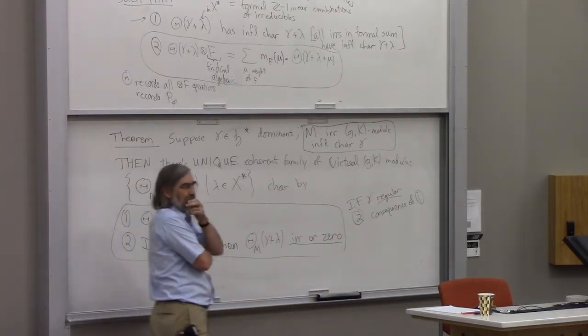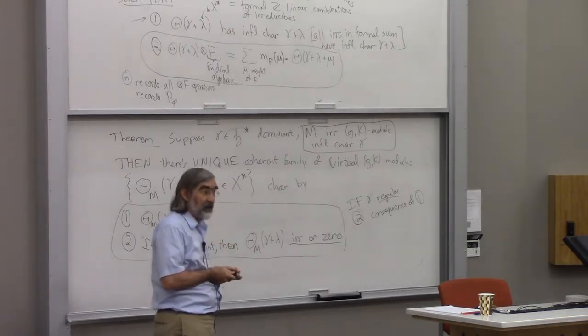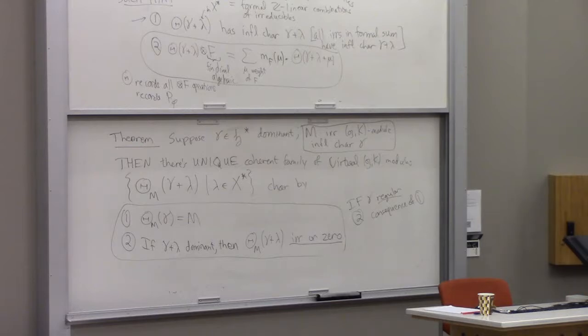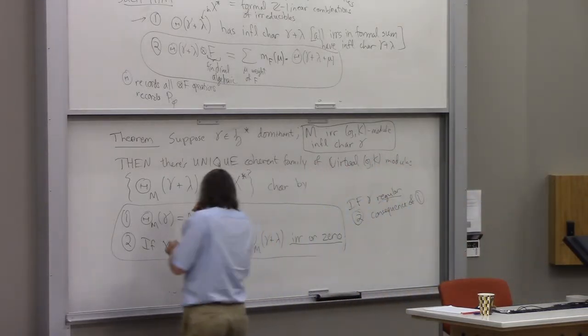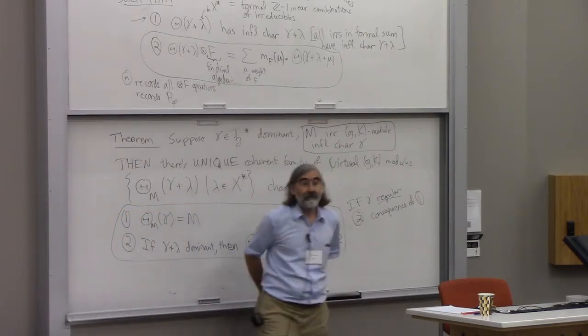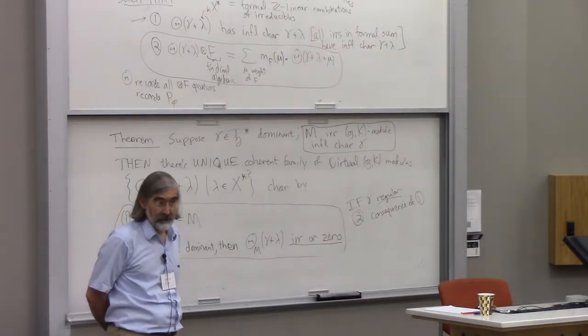So what is the advantage of putting M in perfect precision? Now we can make a Weil group representation. If I just hand you a finite dimensional representation of G, where's the Weil group representation? But if I hand you this picture, the sign character of the Weil group is staring at you. So in this theorem, if I take M to be the trivial representation, I'll get all the finite dimensionals.